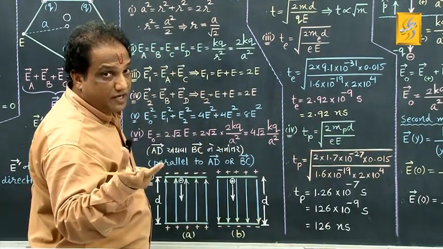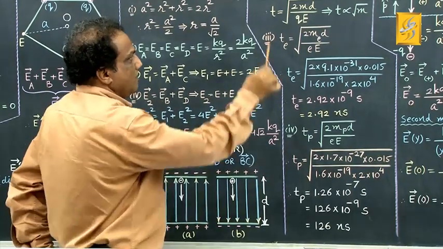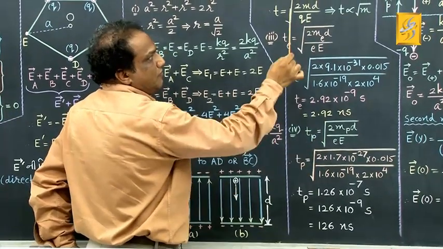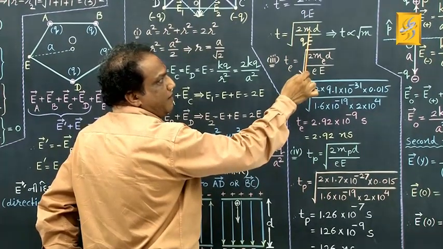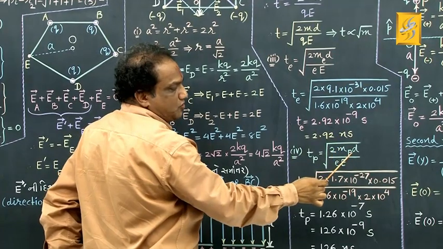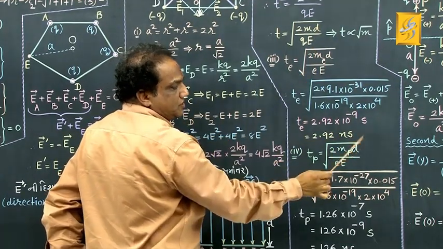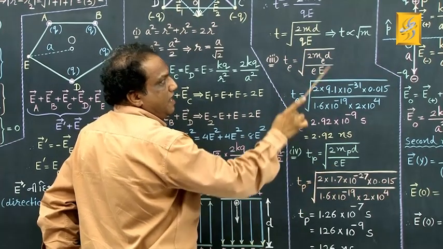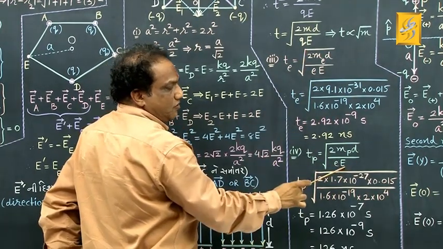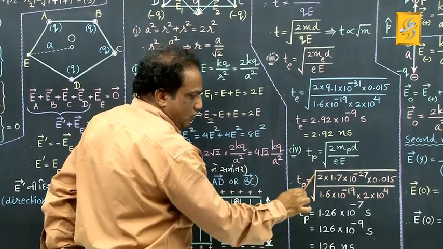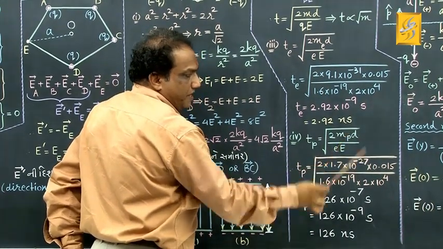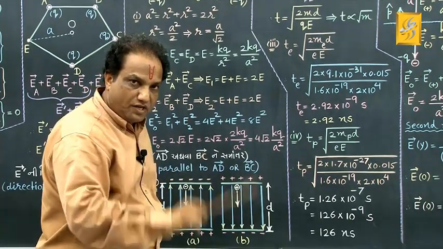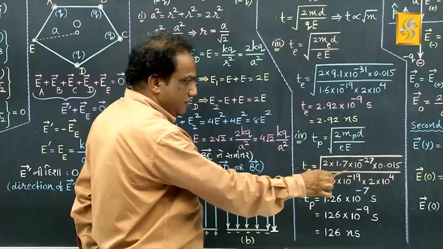Let us find out the similar time for proton. Instead of T I am putting Tp, the time taken by proton. Here under root of 2 into M, instead of M I am writing MP, mass of proton. D is constant, divided by the magnitude of charge of proton, which is small e, and this is the given electric field. Now under root of 2 into MP, mass of proton, they have given in the statement 1.7 into 10 raised to minus 27 kilogram.